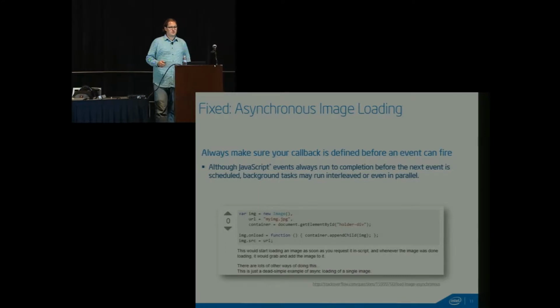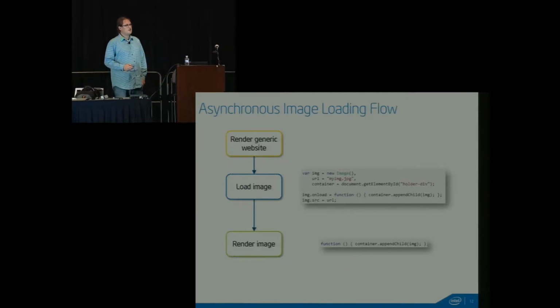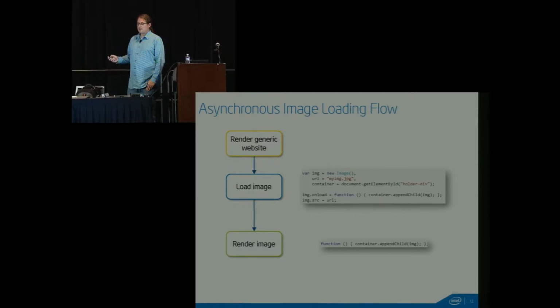Now, this is just for warm-ups. A different way to look at this, and that's where it really becomes interesting, is to see this as an asynchronous flow. So the idea on this slide is you first render your generic image, your generic website. That happens first. Then the image will be loaded. That's what's triggered by this code snippet here. Right? You assign the onload, you assign the URL, and you have assigned your onload callback.